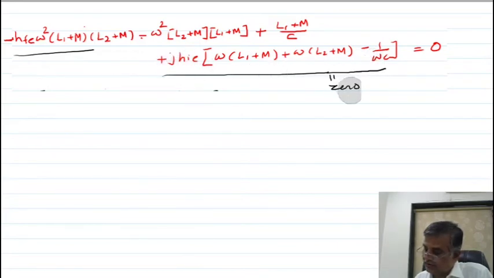From this I will take omega square common.